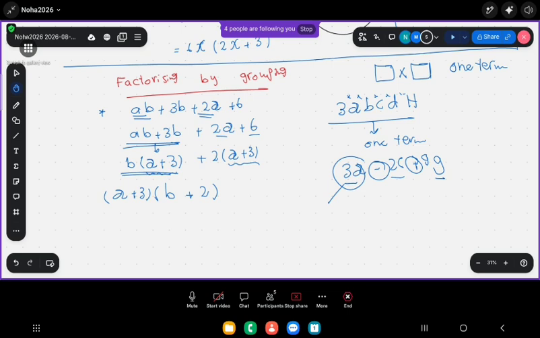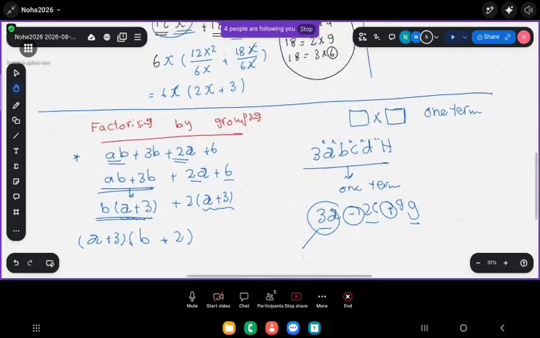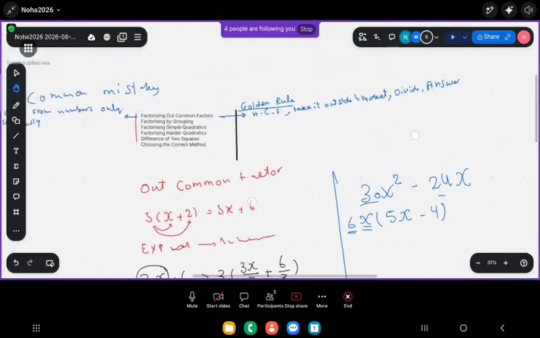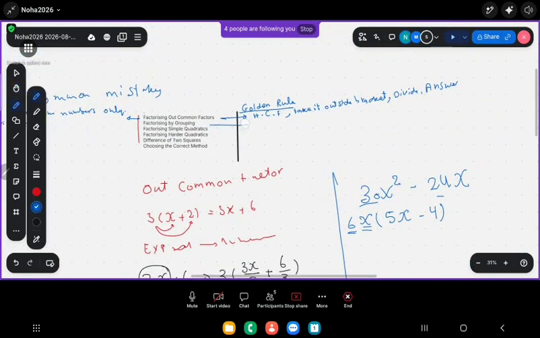So let's get out the golden rule. How can I get the golden rule here? Who can get it with me? In grouping, the golden rule is: split the expression into two groups, then take out the highest common factor from each group.